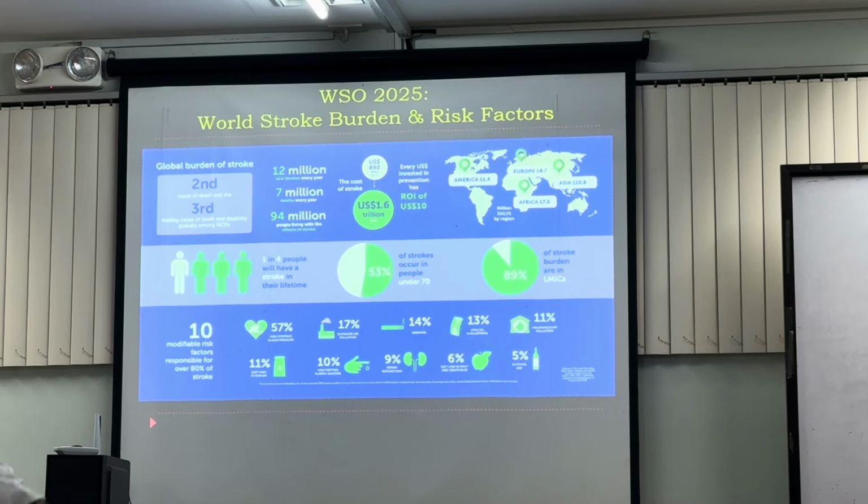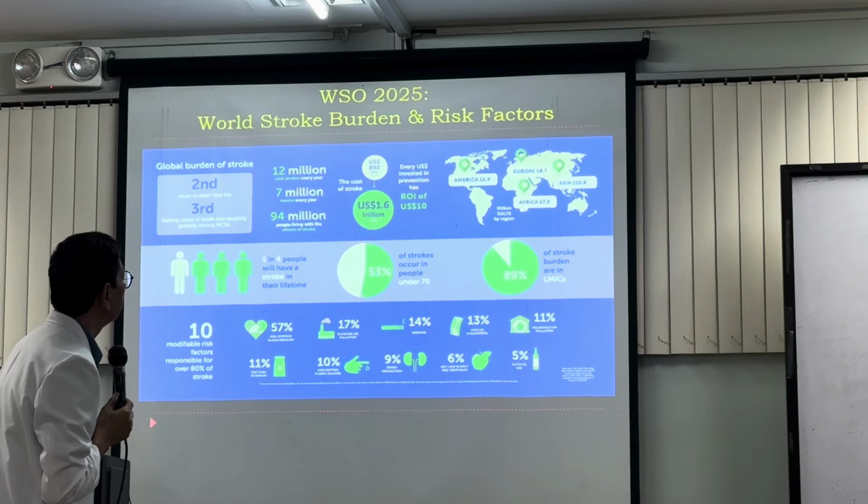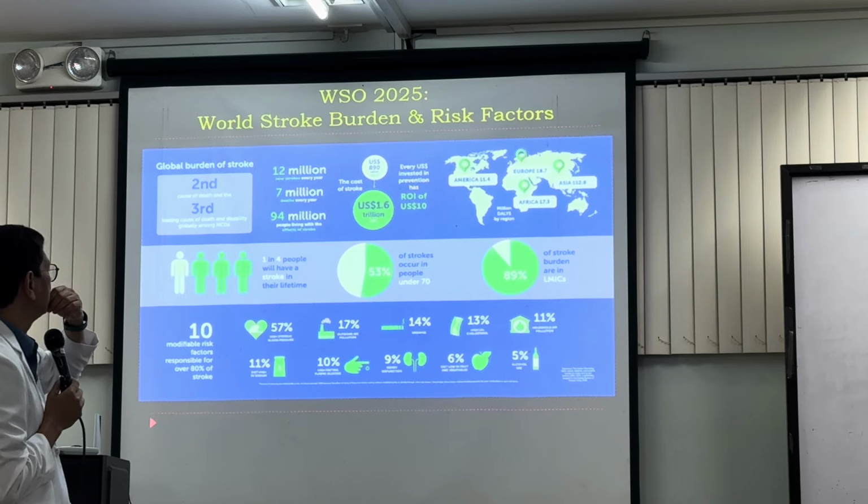Cigarette smoking. 13% would be, can't read it. Smoking.